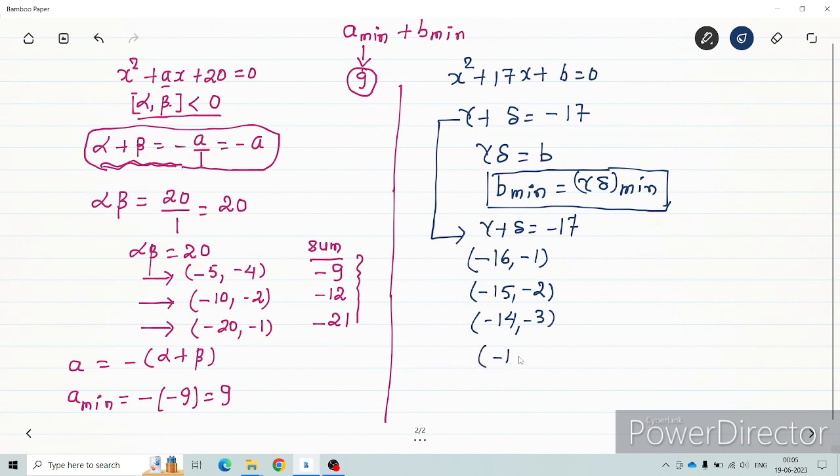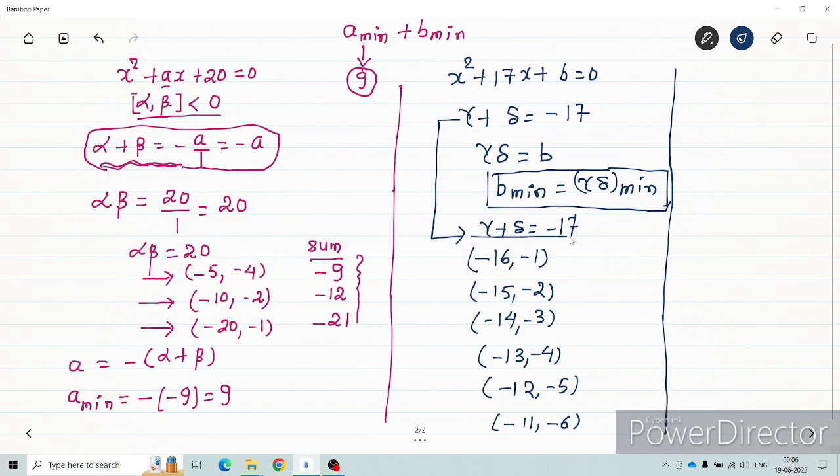Fourth combination is minus 13 comma minus 4. Next combination is minus 12 minus 5. Next is minus 11 minus 6. Other combinations are also possible, so let us write all the possible combinations. Next combination is minus 10 comma minus 7.